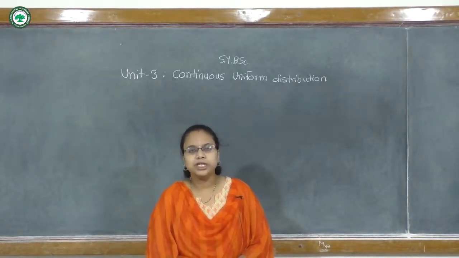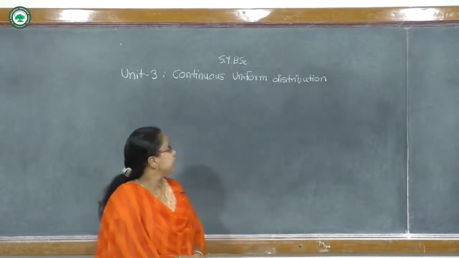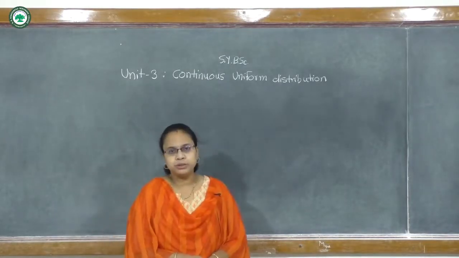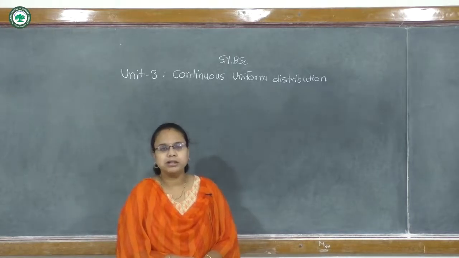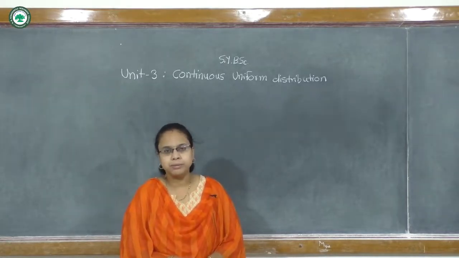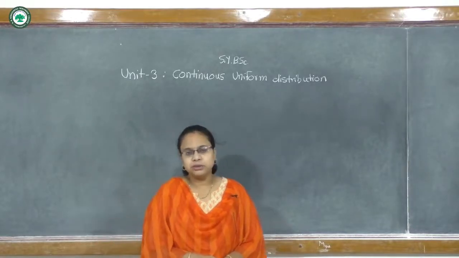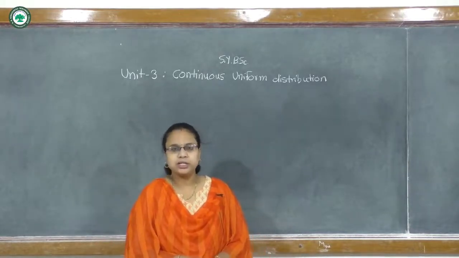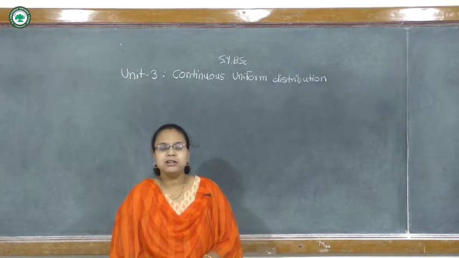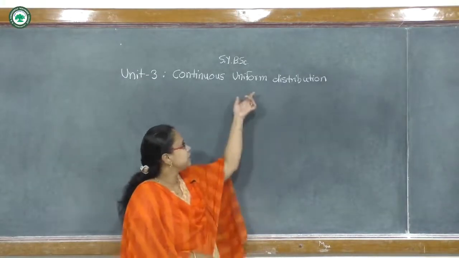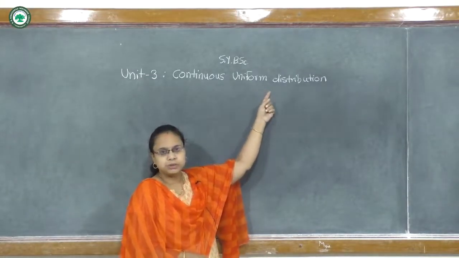Today I am going to teach unit number 3, Continuous Uniform Distribution, which is included in SYBSc for paper number 2. As we learn the continuous univariate distributions, one of them is the uniform distribution.